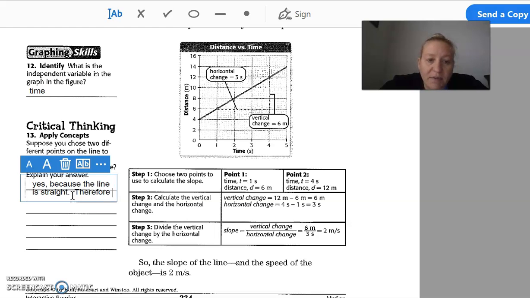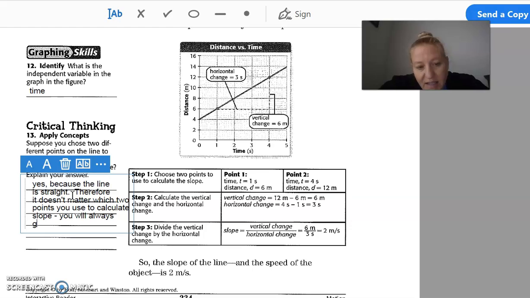Therefore, it doesn't matter which two points you use to calculate slope. You will always get the same answer.